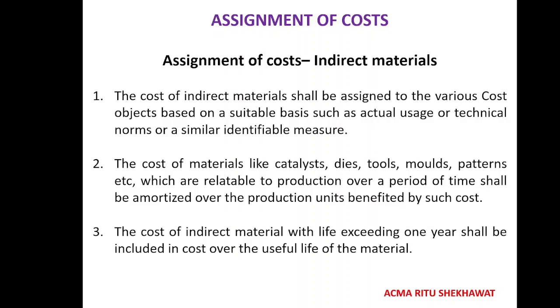If you are self manufacturing, the cost can be identified in making the raw material: direct material cost, direct labor cost, direct expenses, and overhead, which together give the cost of the self-manufactured good. So this is the cost of the indirect material cost.